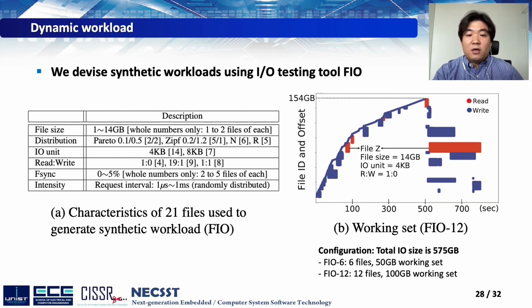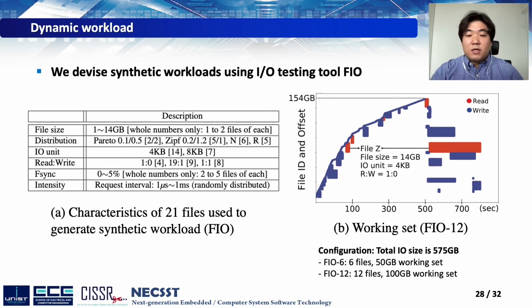We create FIO6 and FIO12 workloads by combining files with different characteristics. The approximate working set sizes for each workload are 50 GB and 100 GB respectively, and the total I/O size for both workloads is 575 GB.